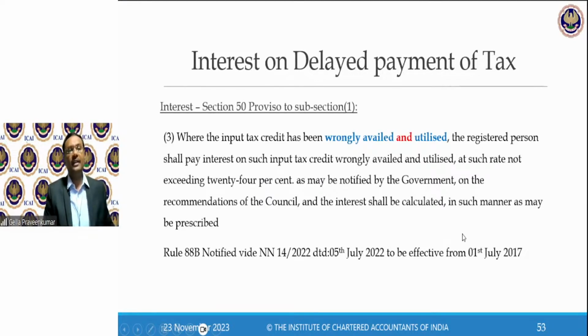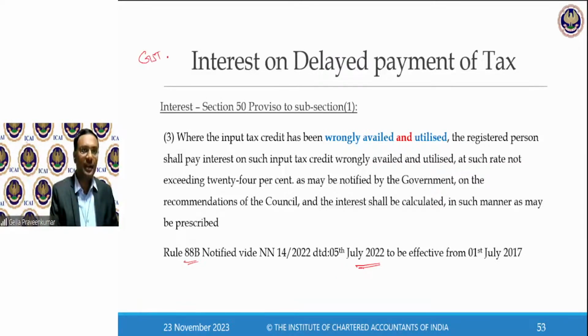Now, 50 subsection 1 read with rule 88B. This is an amendment which happened in 2022, where most of the GST assessments, most of the GST audits, we have to understand how do we calculate interest on input tax credit wrongly availed and utilized. I'll insert a couple of slides before we discuss.